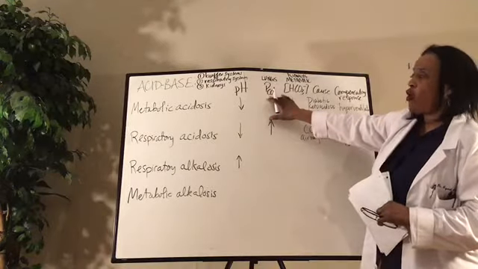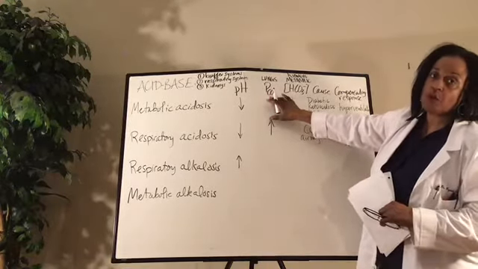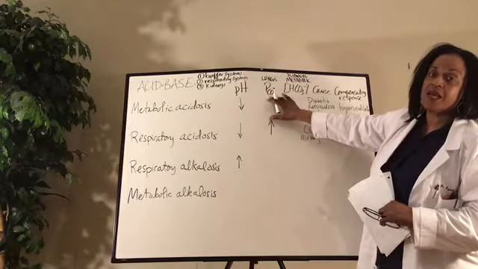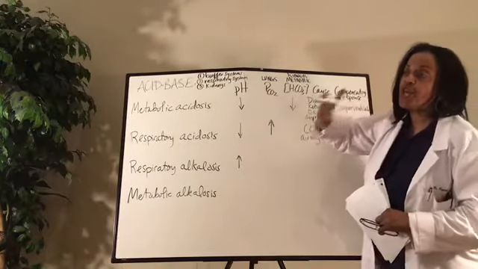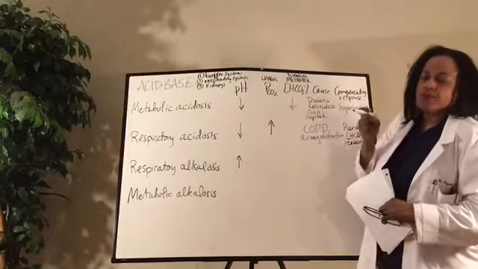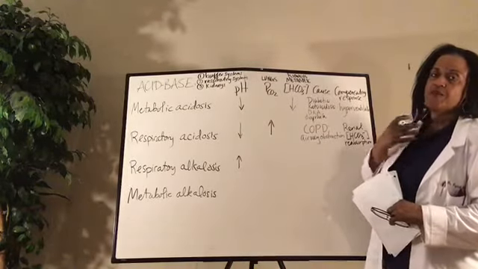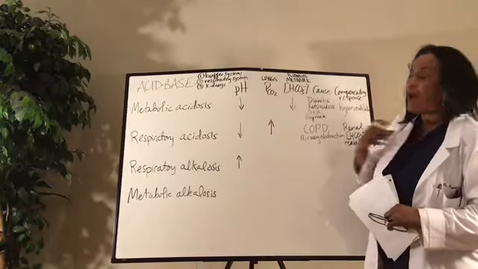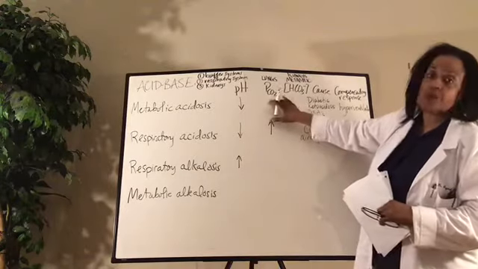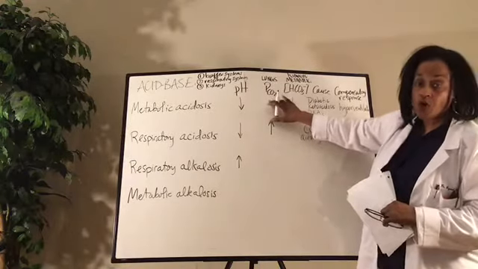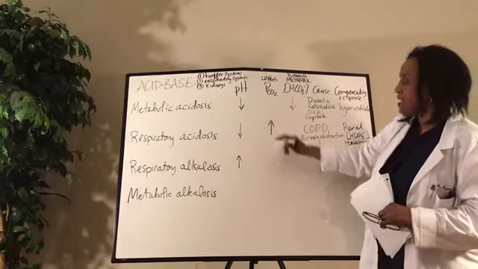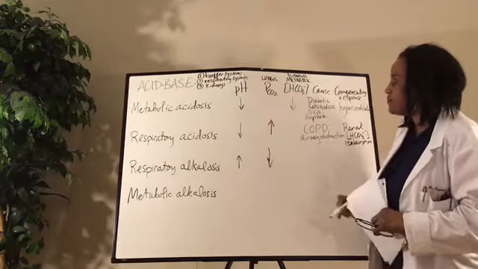Are you holding on to PCO2 with respiratory alkalosis, or are you releasing it, breathing it out? If you're alkalotic, you're getting rid of this CO2, because when you hold on to CO2, you're acidic. So this is going to be low.